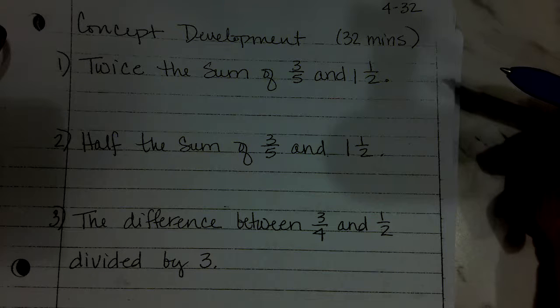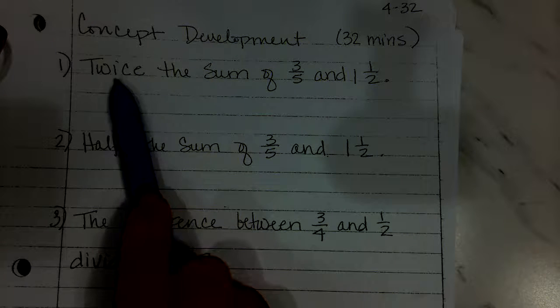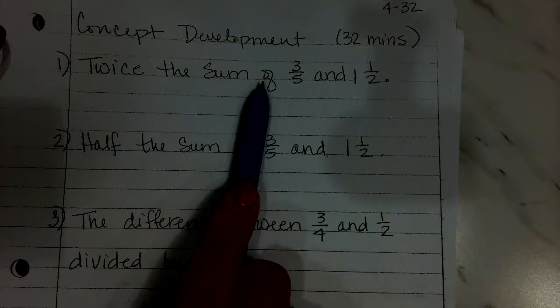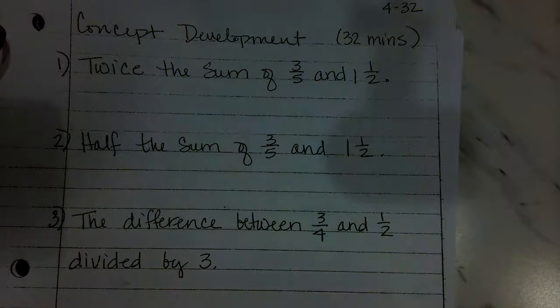Well, it says twice. That means we have to make 2 copies of something or multiply by 2. It says the sum of. So something is being added. The part that says sum of needs to be added before multiplying.